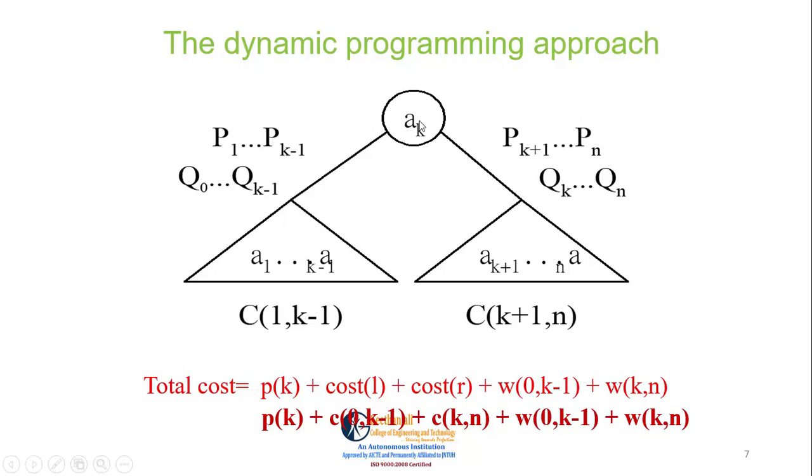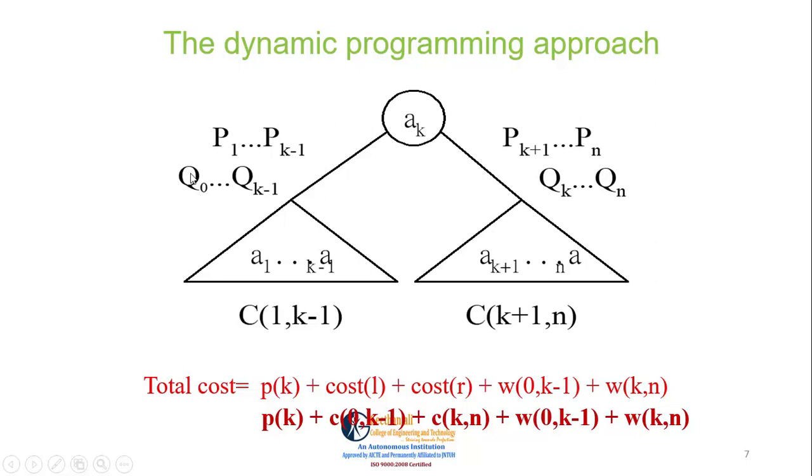So like this, when you select one element as the root element, the left subtree contains all the lesser values, from A1 to A of k minus 1. Not only the key values, it will have the virtual nodes also. What are the virtual nodes you have? That is from Q0 to Q of k minus 1, and P1 to P of k minus 1. What is the P value? The probability of the key elements.